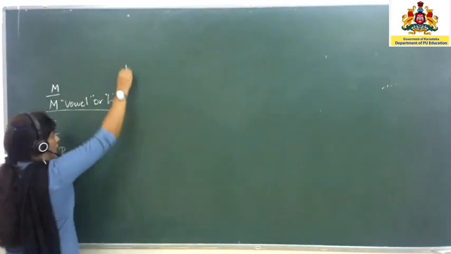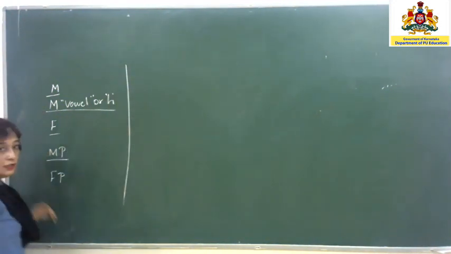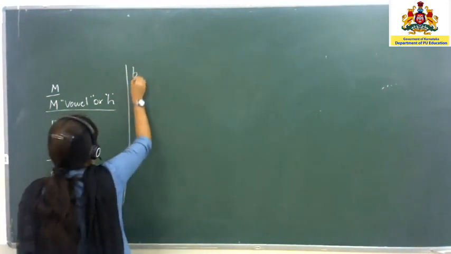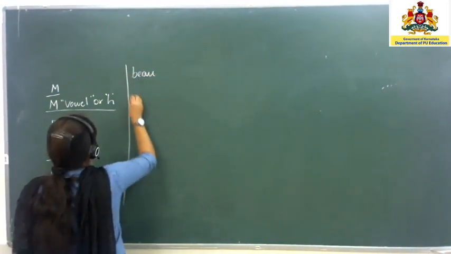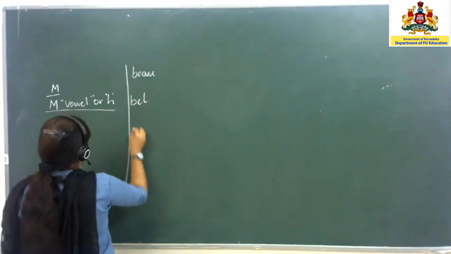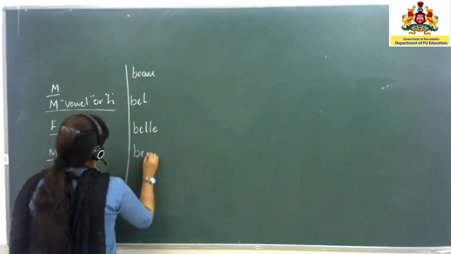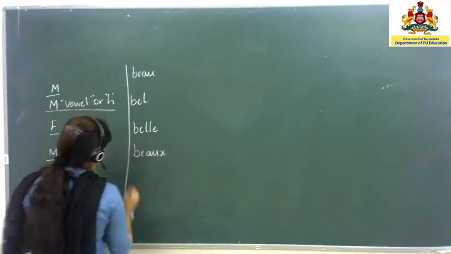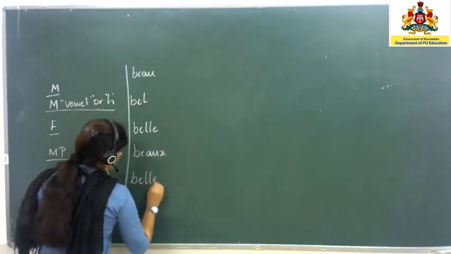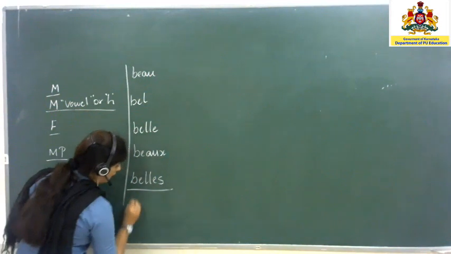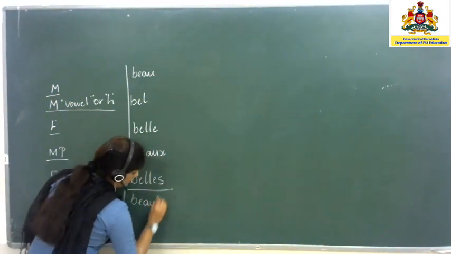So these are our 5 categories. The first word, masculine, is beau. Masculine before a vowel is bel. Feminine is B-E-L-L-E. Masculine plural is B-E-A-U-X. And feminine plural is B-E-L-L-E-S. And all the 5 mean beautiful.